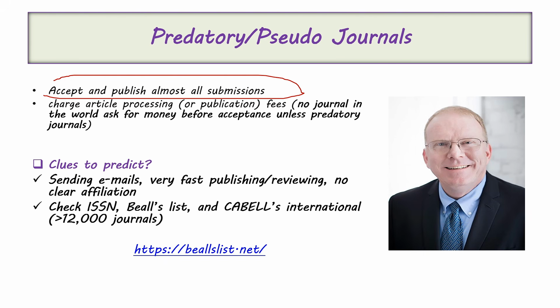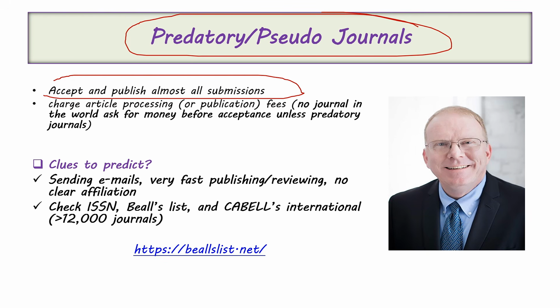So if you receive an email from a journal saying that if you submit your paper you need to pay $100, then we will publish it, know that this journal is predatory directly. Okay, these journals are not indexed, and they are not official journals.